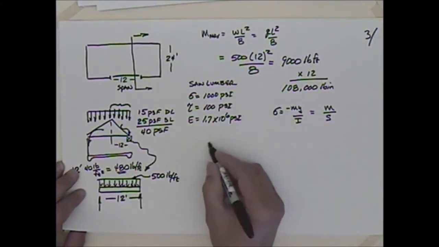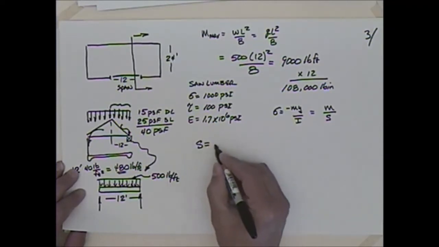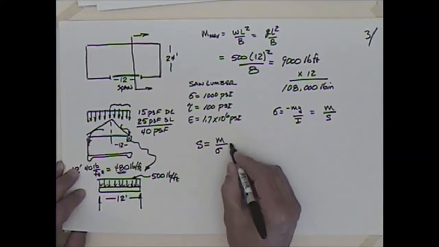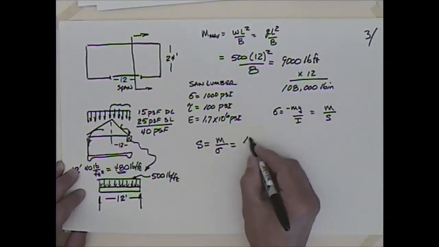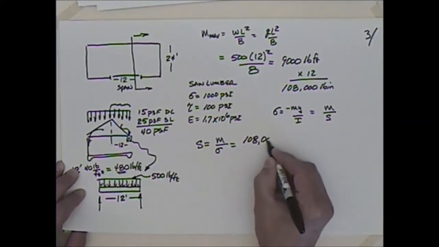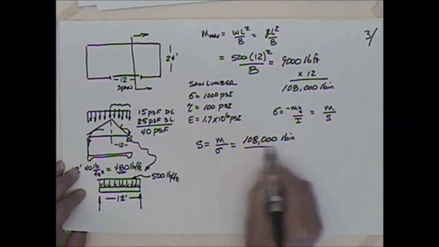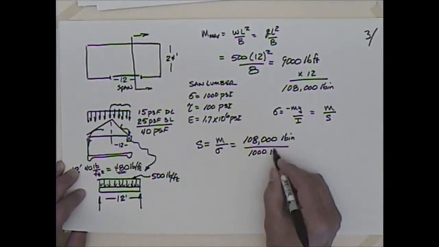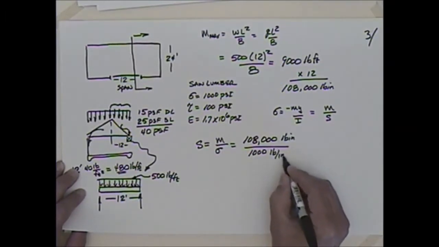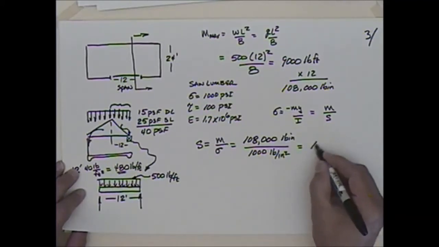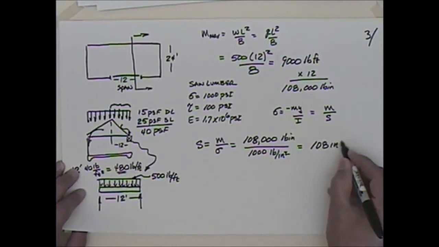So if I rearrange that, my section modulus is equal to M divided by sigma. So if I put the moment in there, 108,000 pound-inches divided by 1,000 pounds per square inch, psi, gives me what? The pounds cancel, and I have 108 inches cubed.